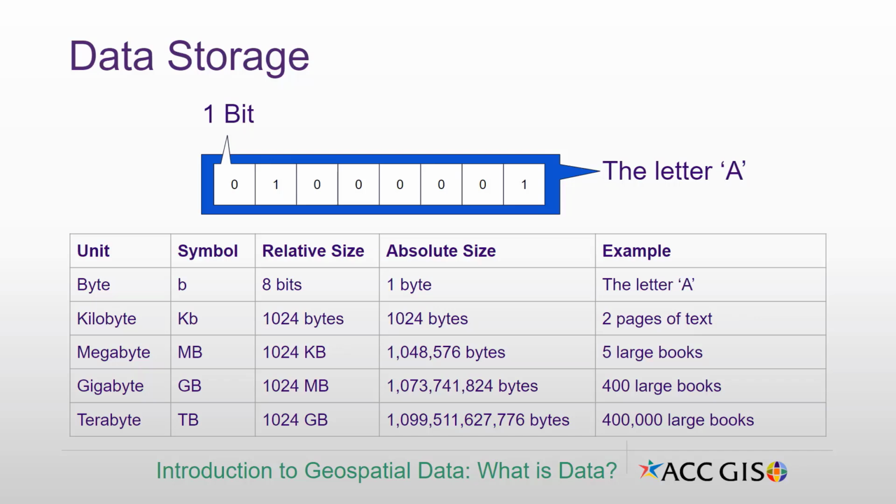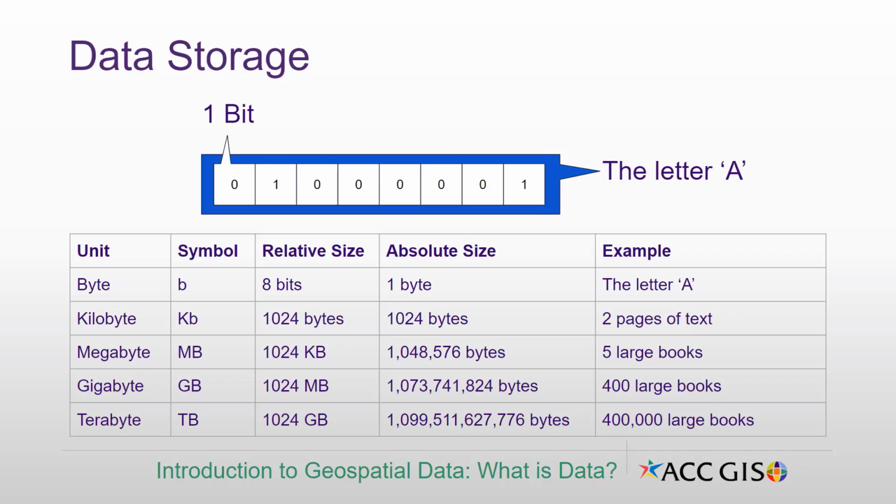Then it's easy to remember, for example, that 1,000 kilobytes equal a megabyte, 1,000 megabytes equal a gigabyte, and 1,000 gigabytes equal a terabyte. And you can see by the examples on the right-hand side of your screen that as the size increases, the complexity of the data and the amount of data you can store increases as well.